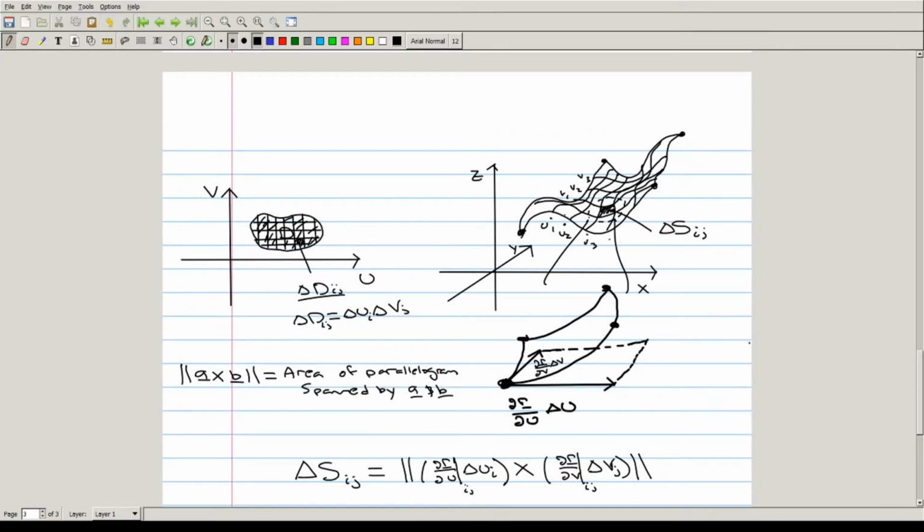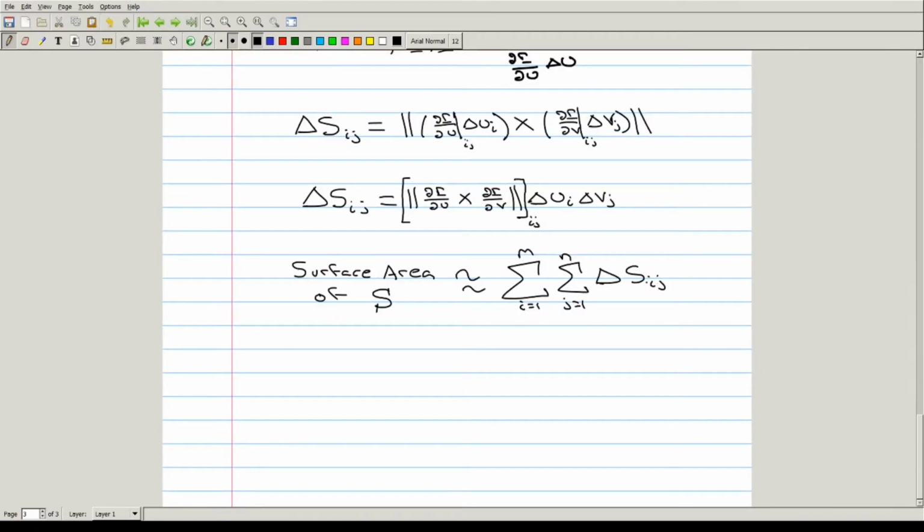Because what we're saying is that if this is our total surface S, and we cut the surface up into all of these smaller partitions, and each piece of the partition, the surface area is approximated by this value right here, delta Sij, the total surface area is going to be approximately equal to this double summation.